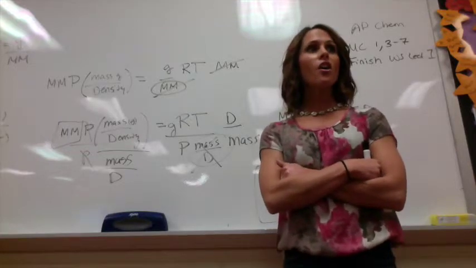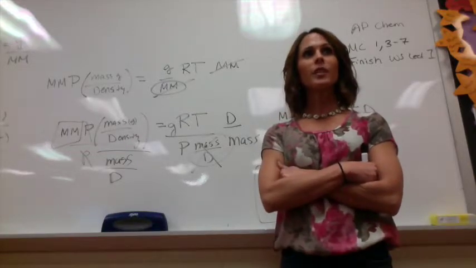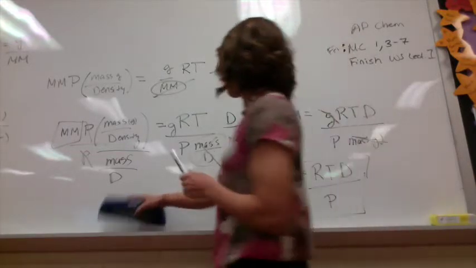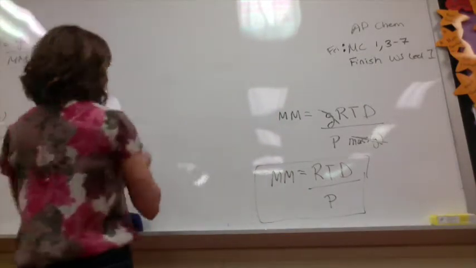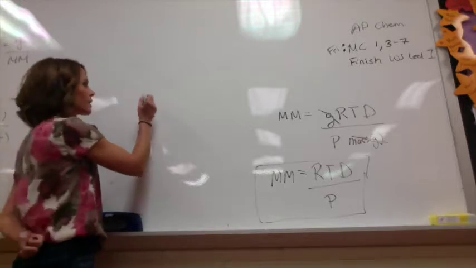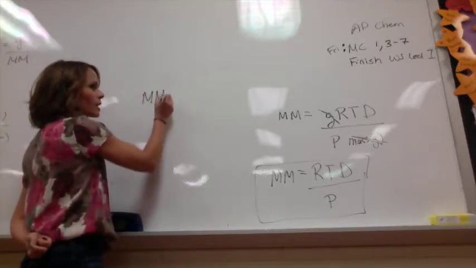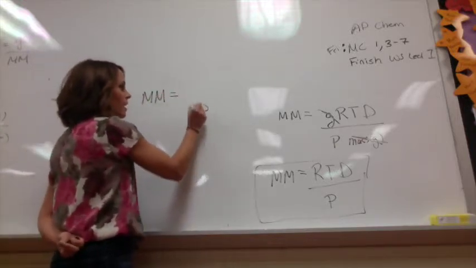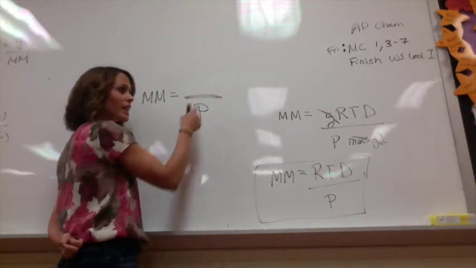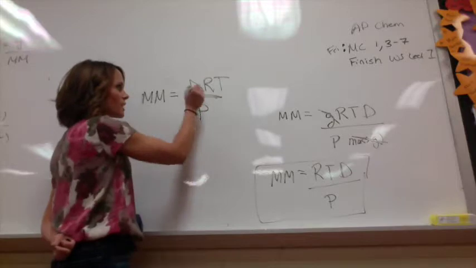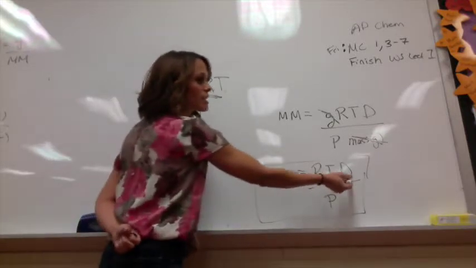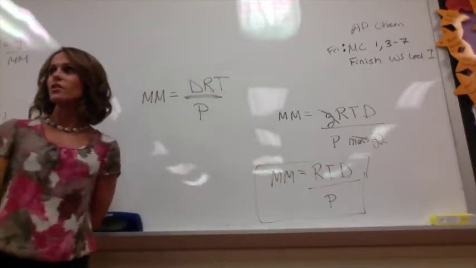So all cats cover their pee with dirt. So watch. Right? All cats, what do cats say? Meow. Meow, meow. All cats cover their pee with dirt. DRT, dirt. RTD, same thing, I just rearranged the letters, right?